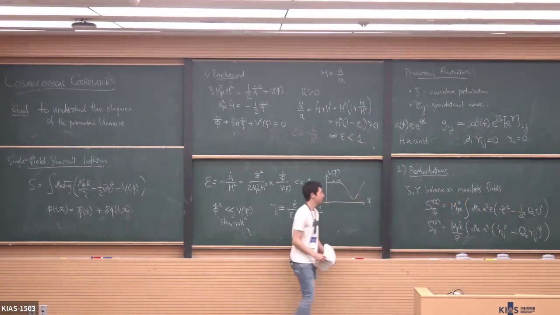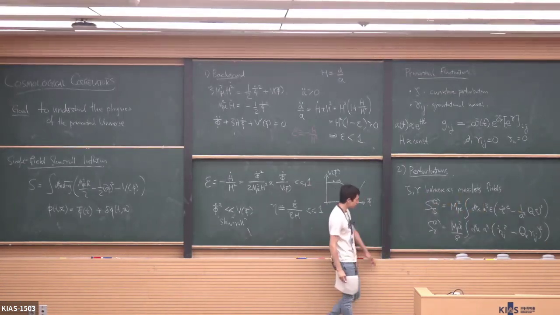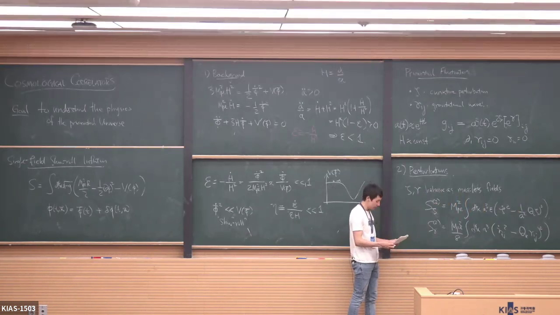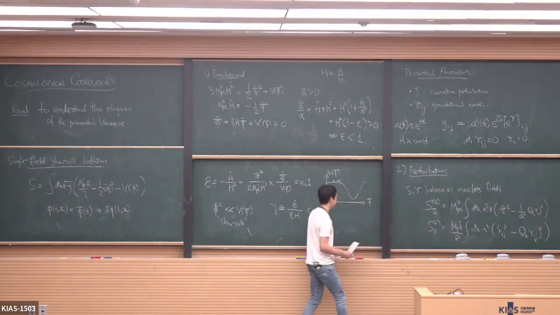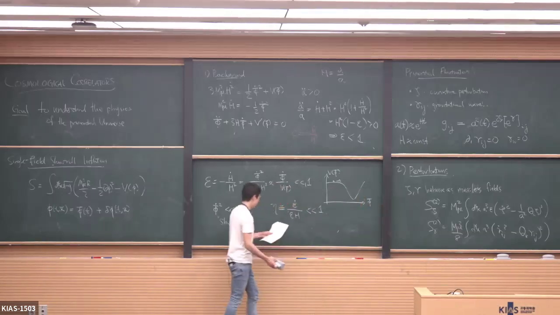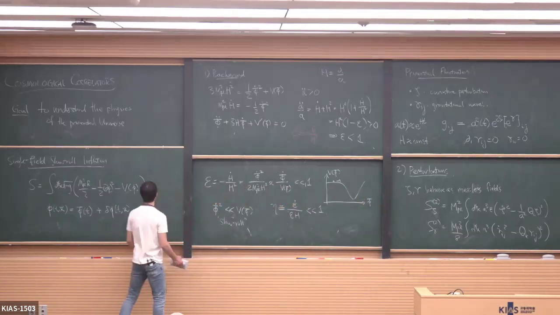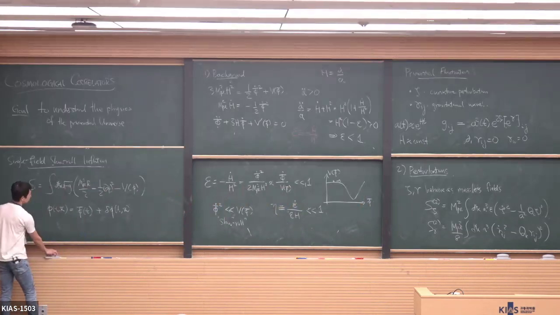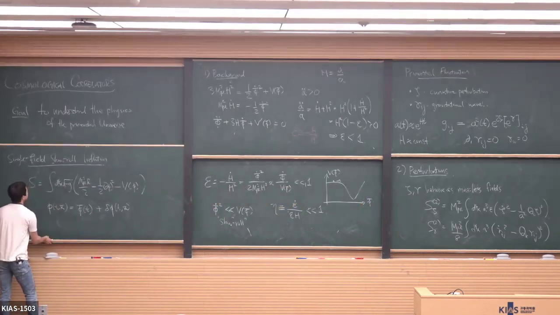So these are the quadratic actions for zeta and gamma. And from these quadratic actions, you can compute the power spectrum using standard quantization.